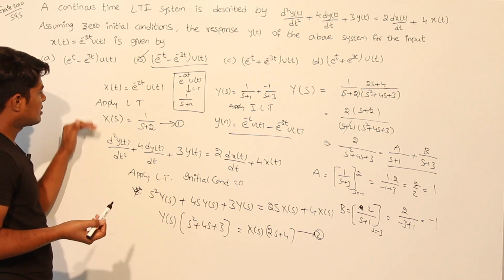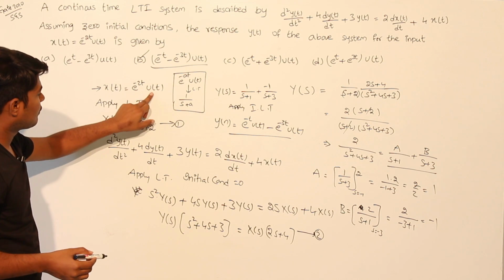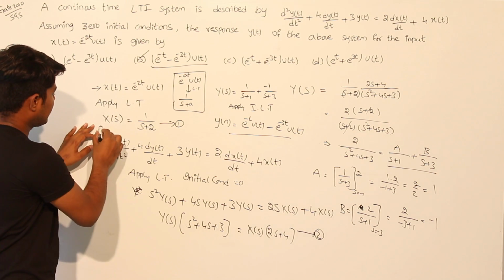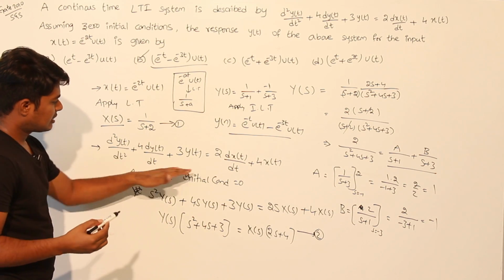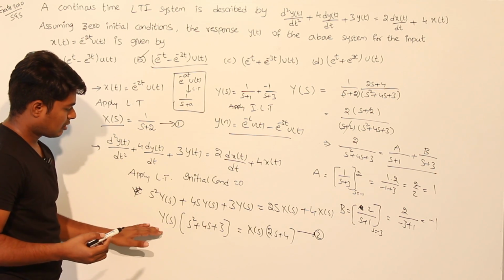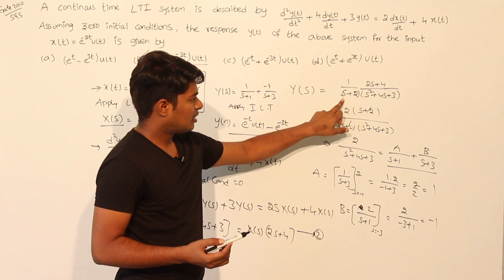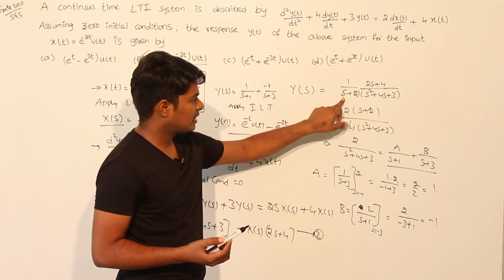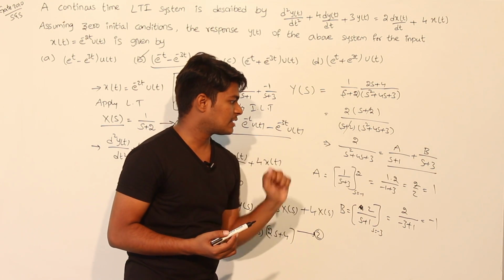So how we have solved it: first we took the given input signal x of t as e power minus 2t u of t and applied Laplace transform to get X of s. Next we took the differential equation, with initial conditions 0, applied Laplace transform, and got the equation. Finally Y of s equal to 2s plus 4 multiplied by X of s value, substituting here, we got this equation. Finally a by s plus 1, b by s plus 3.